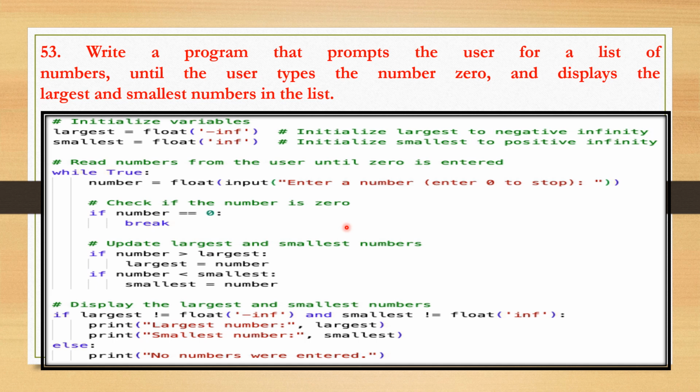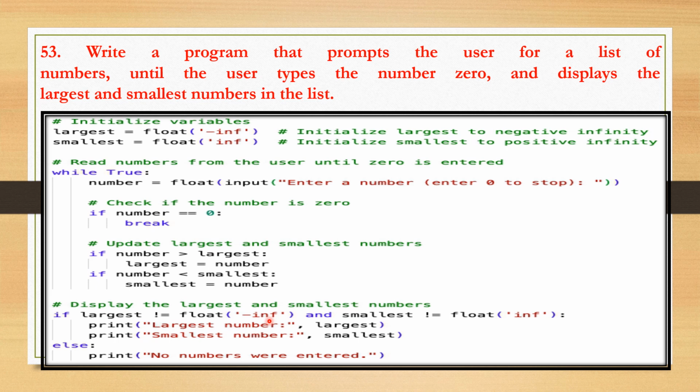This program checks if that entered number is 0 using an if statement. If it is 0, the break statement is executed, which terminates the loop and continues to the next part of the program. If the entered number is not 0, the program compares it with the current largest number and the smallest number using if statements. So if the number is larger than the current largest, it updates the value of largest to the entered number.